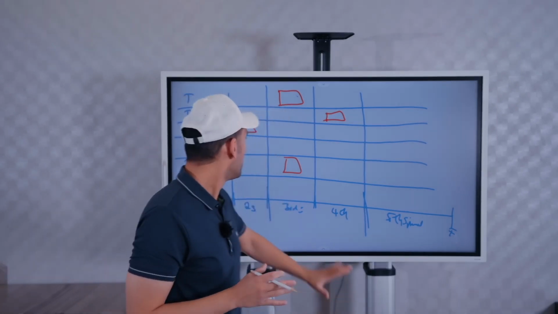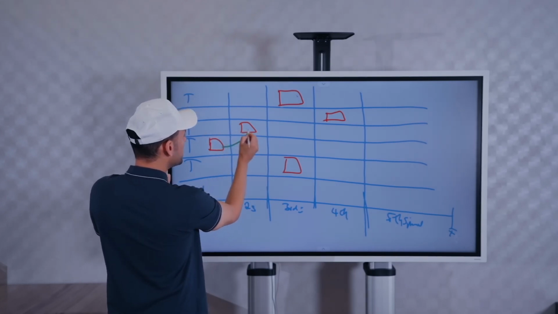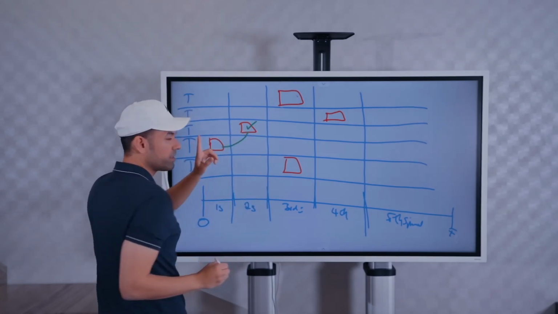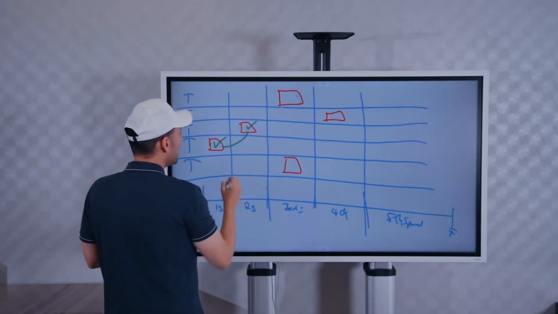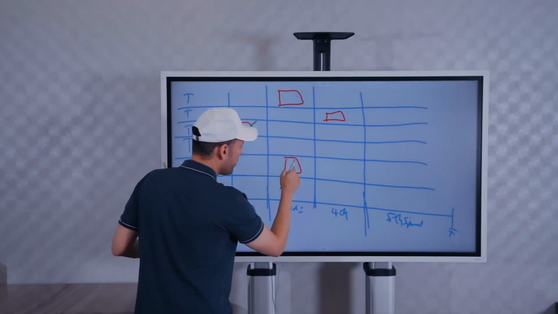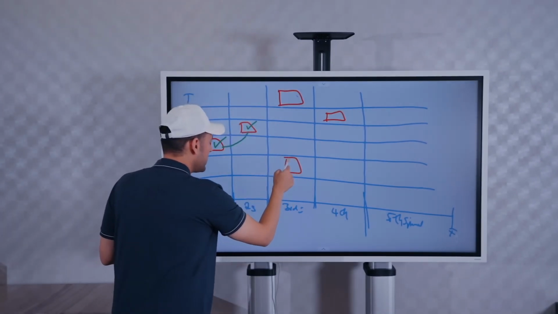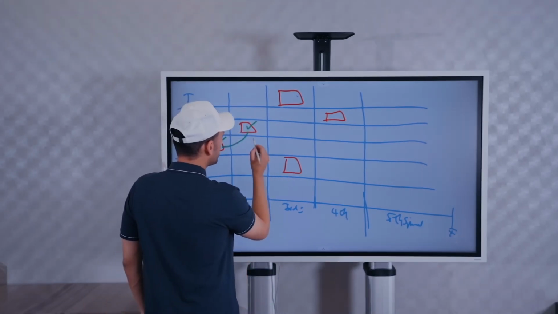There. Now we can map it. So in order for team number 3 to deliver this successfully, this team has to deliver first successfully. And in order for this team to deliver successfully in the third sprint, this team has to deliver successfully.